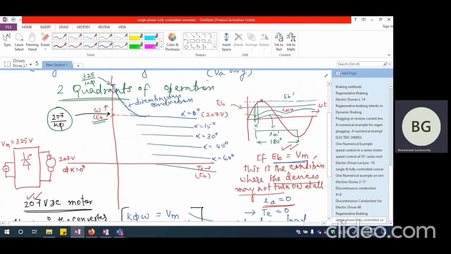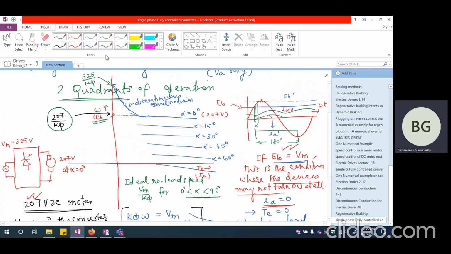So I am not going to see any current at all for alpha less than 90 degrees, unless the back EMF equals the peak of the supply voltage. That is the reason why the ideal no load speed is still Vm by K5 for alpha lying between 0 to 90 degrees.